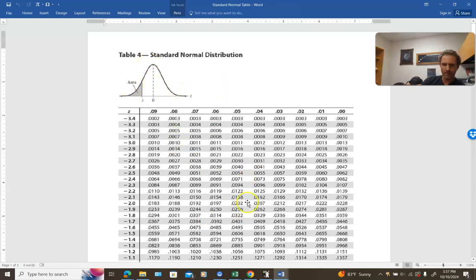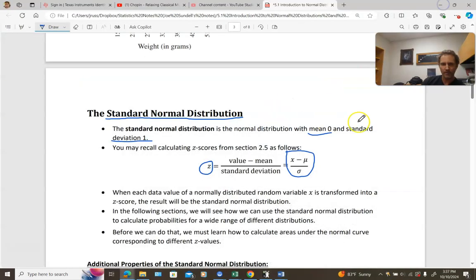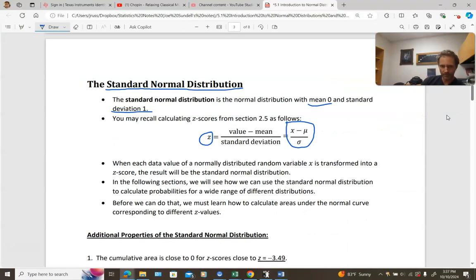We're going to talk more about this table here in a minute, but a z of -1, that just represents a value that's 1 standard deviation below the mean, okay? All right, so it says when each data value of a normally distributed random variable x is transformed into a z-score, the result is going to be the standard normal distribution.